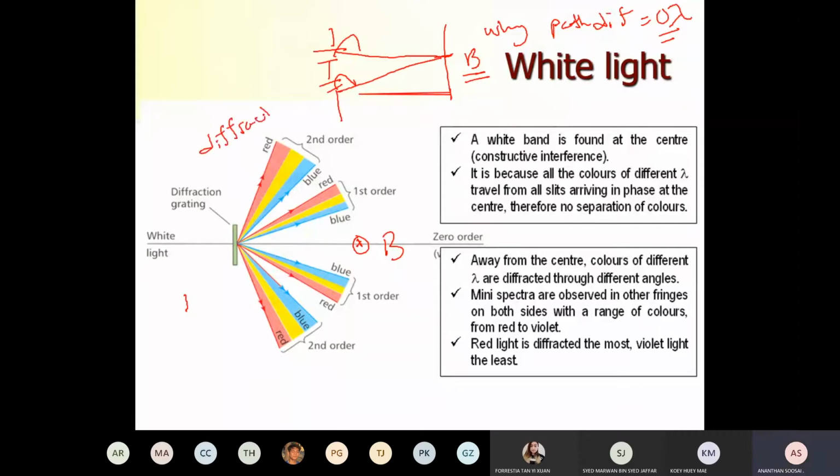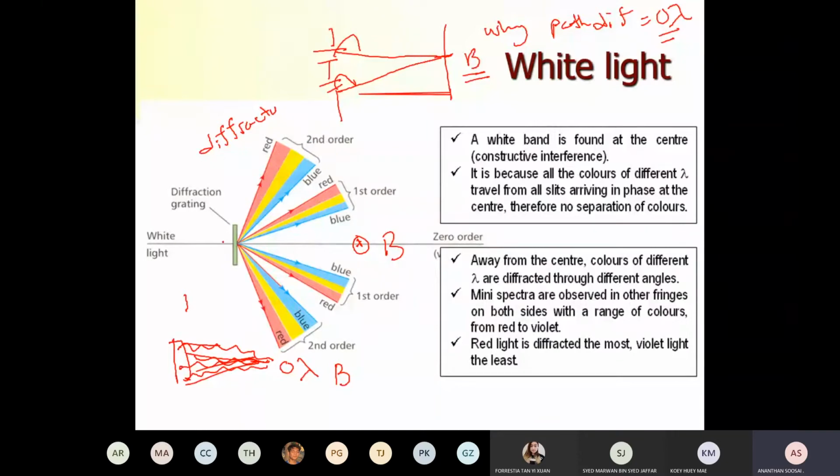Although you have a lot of sources, for the waves traveling towards the center, the path difference for the up and down waves, the second and the third wave, is going to be the same. So they have 0 path difference, 0 lambda, and form a bright. The center will be bright for diffraction grating, and the following brights happen at the side.